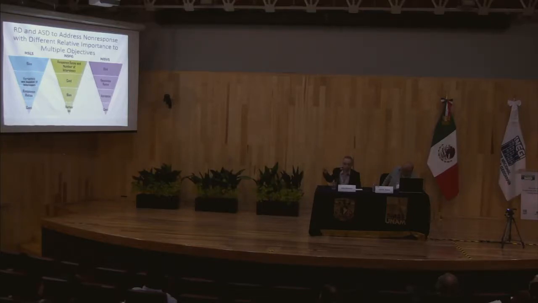So to start with, all these surveys have the objective of reducing non-response and reducing the risk of non-response bias. But they have these multiple objectives in there. So one is bias, another is variance, and even number of interviews, right? If you have a set objective of how many interviews you need to do. There's response rates, and there's cost. And these are the four objectives, but then you see that the order is different.